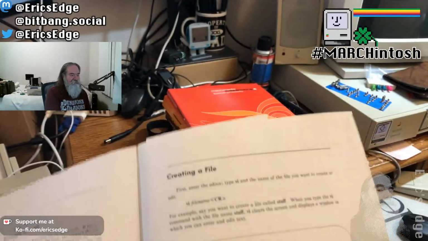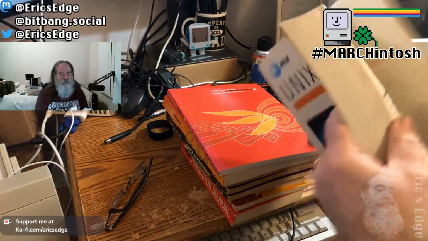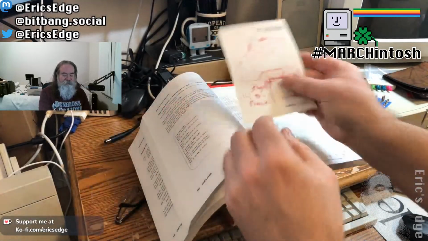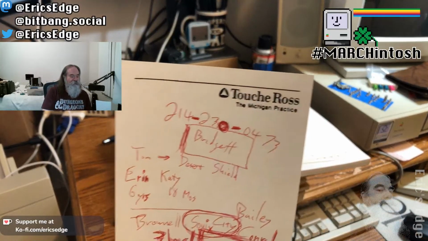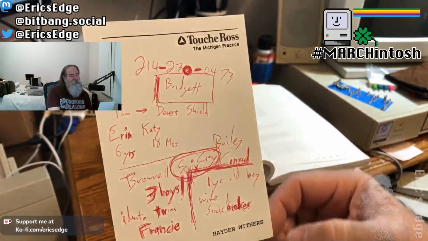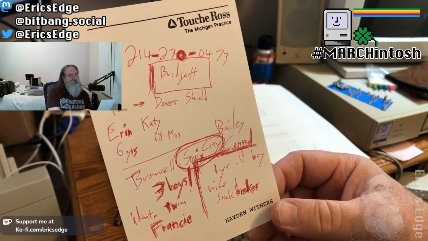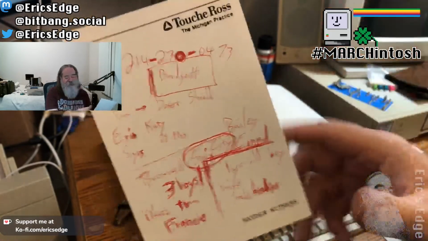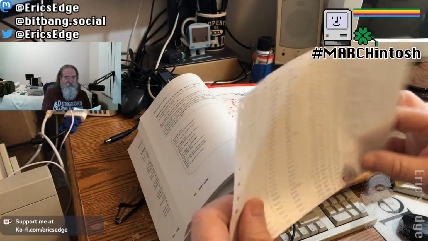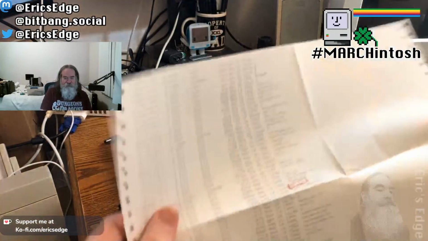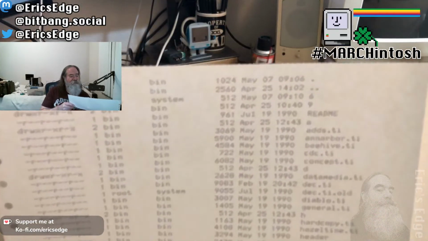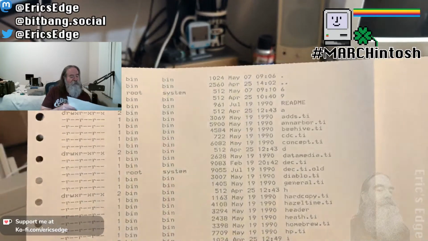Creating a file. Let's see what else was in it. The prior owner had left a couple of things in there. So this was some notes with a phone number and Sioux City, and I don't know. Anyway, it doesn't matter. The other thing that I found in here was, it looks like a directory listing from 1990.